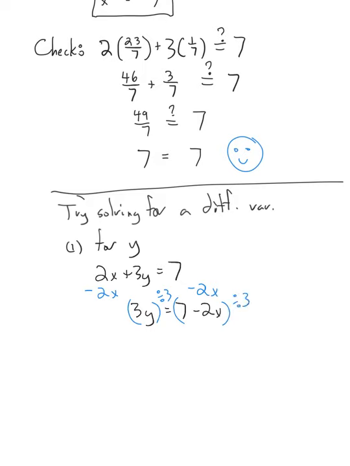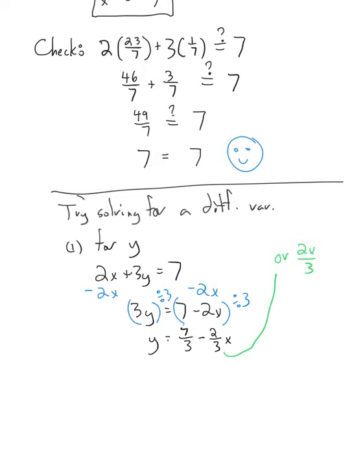And we get that 3y divided by 3 is y. 7 divided by 3 is, we can just write it as 7/3. And negative 2x divided by 3 we can write as, well, let's write it as 2/3 x. Or if you wanted to instead, you could write it as 2x over 3 instead of 2/3 x, same thing.